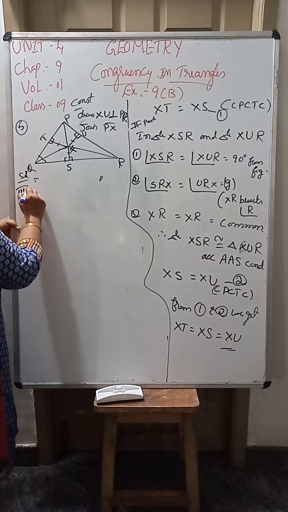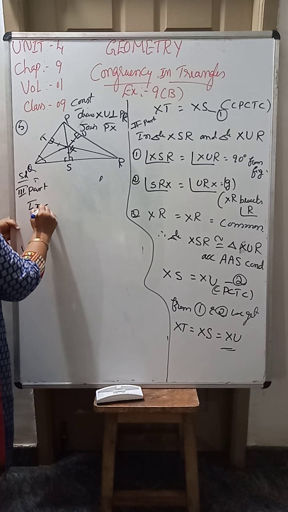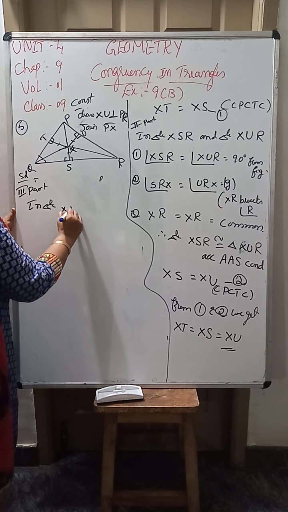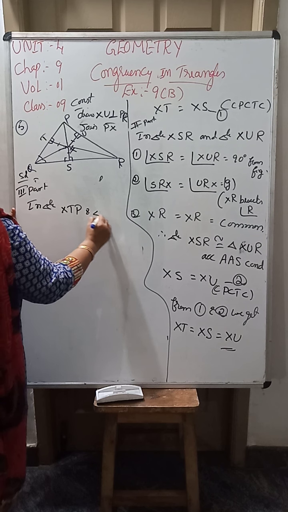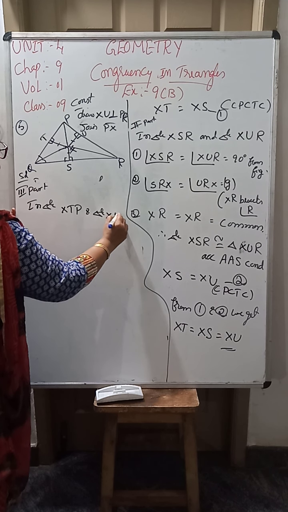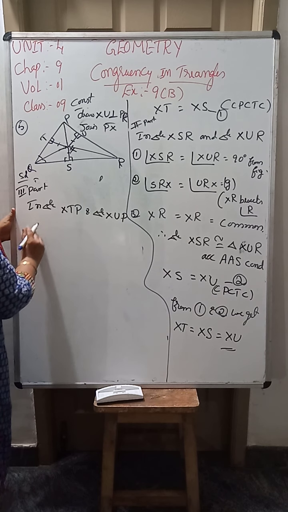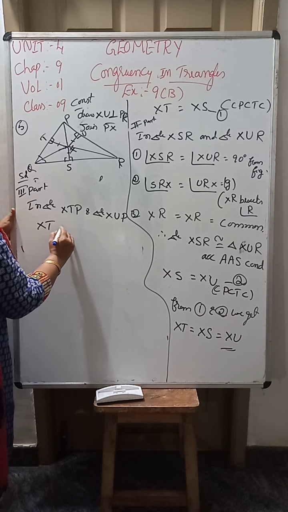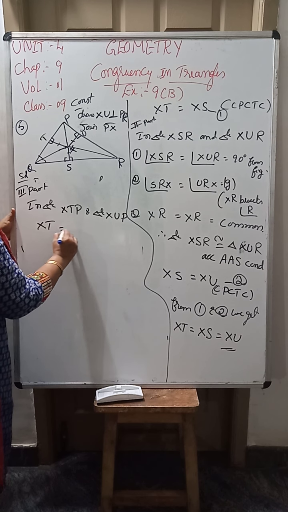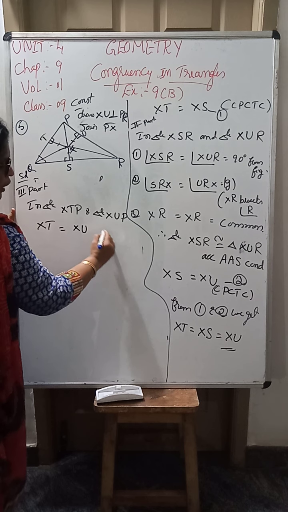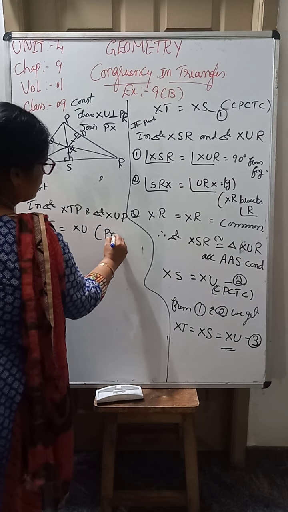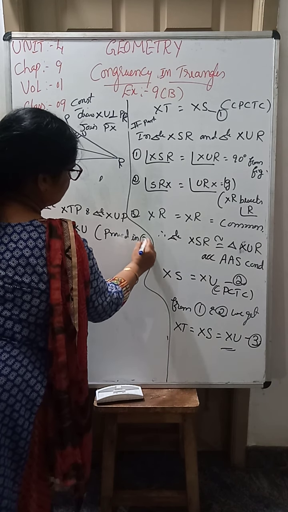Now third part. In triangle XTP and triangle XUP, first one, XT is equal to XU, proved in 3.